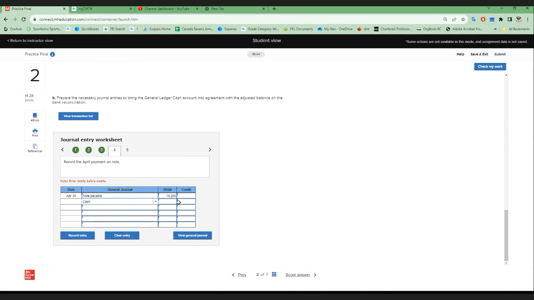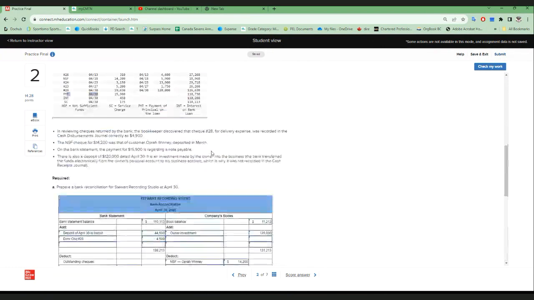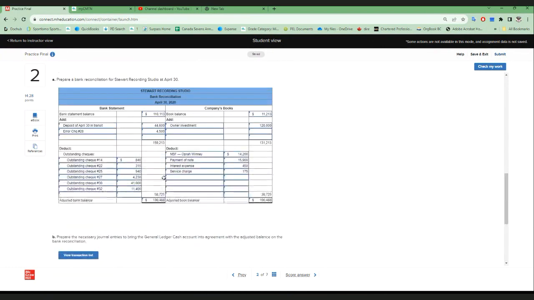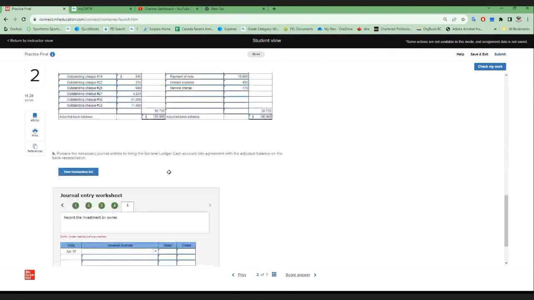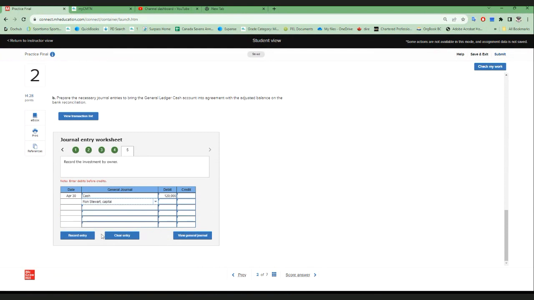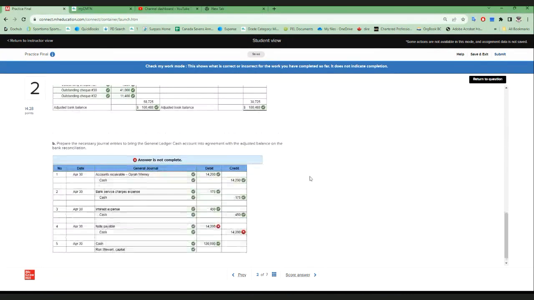So we've got an increase in cash, 120,000, and our owner's, not sure what they're calling it here. Let's see, capital. Okay, we can check our work. We should be 1,200. The note payable is 15,900, right? Just entered the wrong one in, and I actually didn't hit enter there. So just make sure you double check your work.